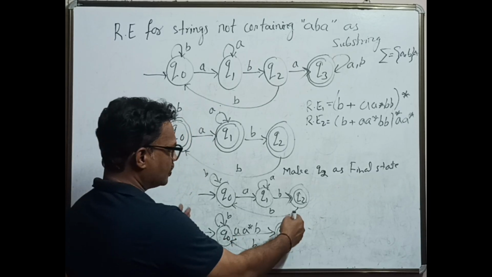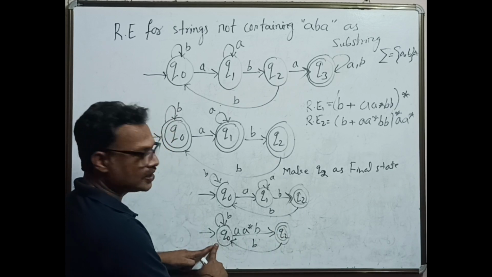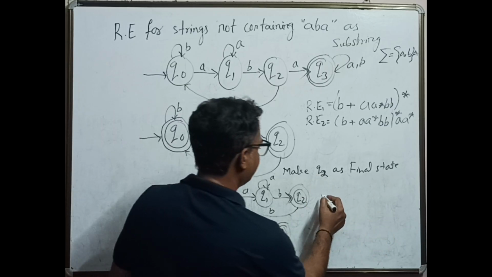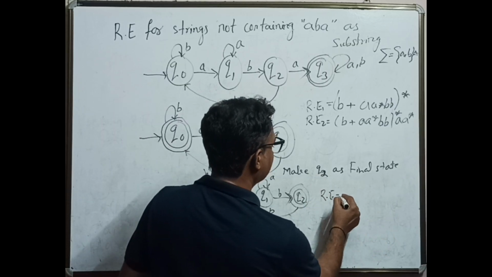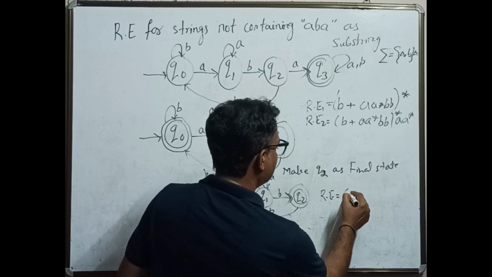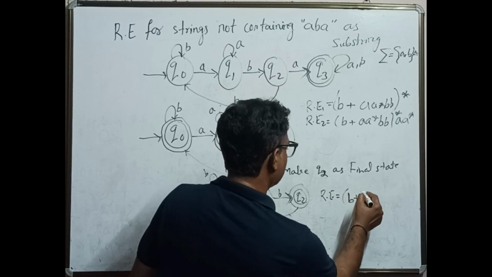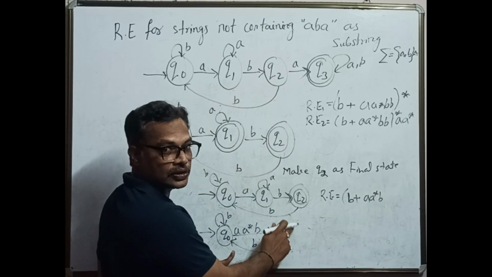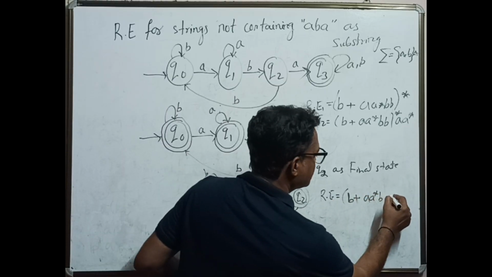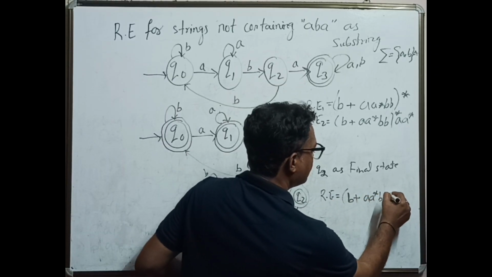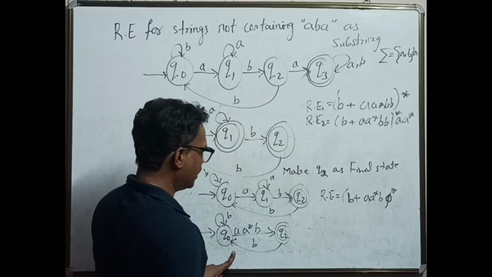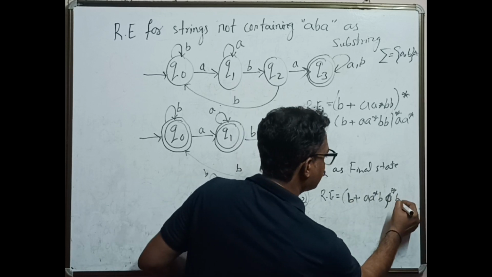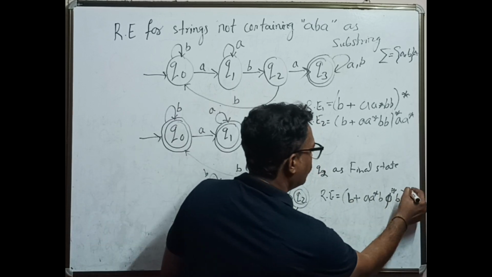Now once again we have come across a situation where we have one initial state and one final state. So once again let's apply that formula and we get the regular expression 3, that is R, that is B plus AA star B. There is no U symbol, so this becomes null star. Then UT, T is B. Next, whole star.